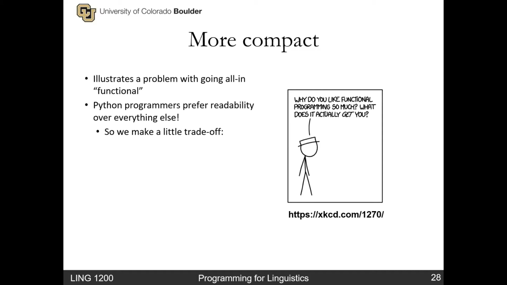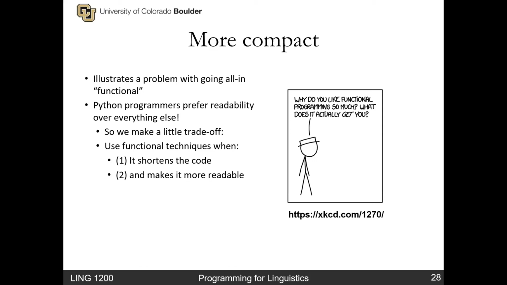Mainly non-functional, but it's going to use functional techniques, and a good Python programmer will implement functional techniques in 2 situations: when a functional technique shortens the code significantly and makes it more readable. Those are the 2 times when you will use a functional technique.